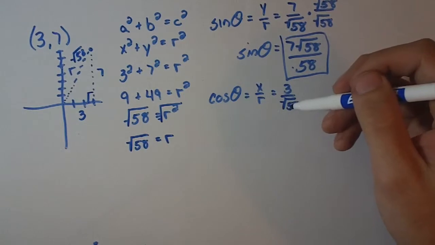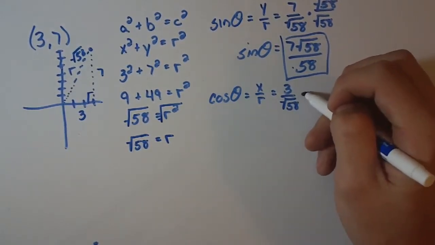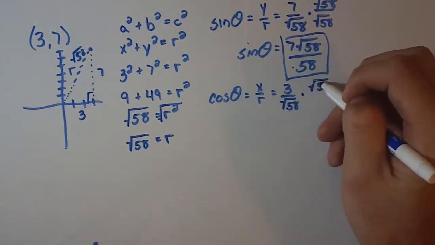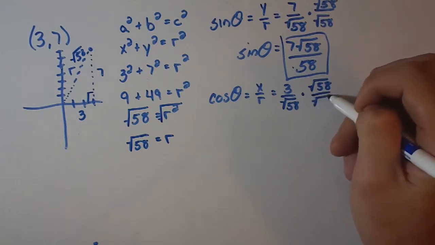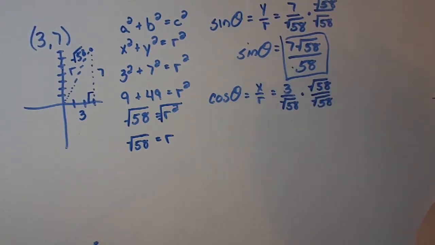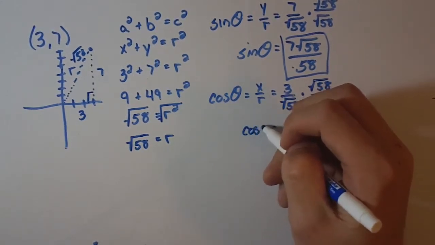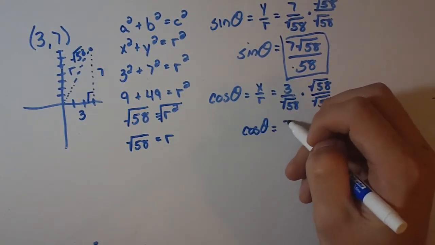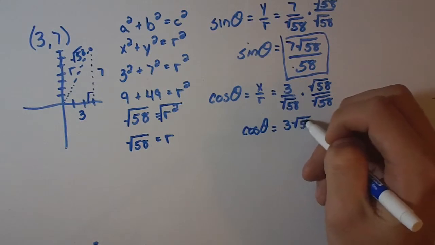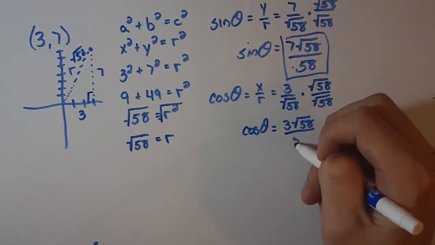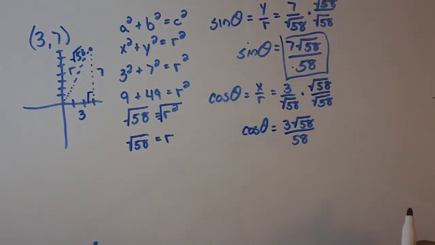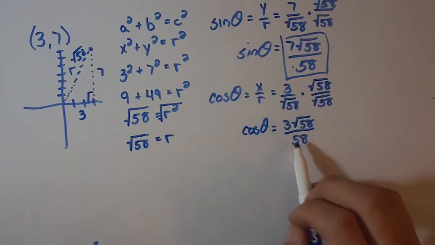We can't have the radical in the denominator, so we multiply top and bottom by square root of 58. This gives us cosine of theta equals 3 square root 58 over 58. Again, the 3 and the 58 cannot simplify any further, so this is our final answer.